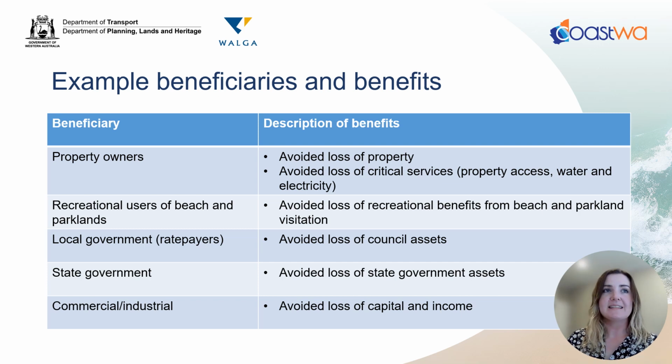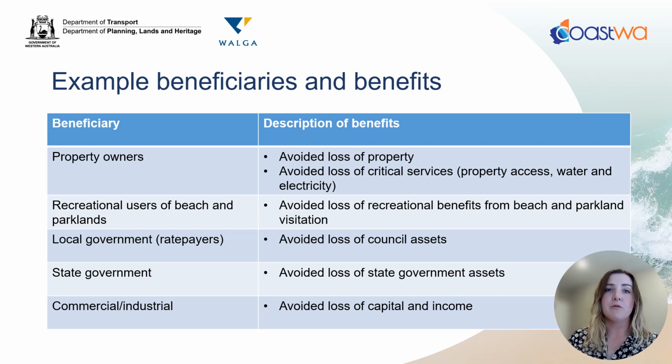This is just an example of some beneficiaries and benefits that we can think about to inform how we understand the results. So as an example, one of your key beneficiaries might be property owners from avoided loss of property due to coastal erosion, but also avoided loss of critical services such as property access, water, electricity. Another key beneficiary is often recreational users of the beach and surrounding parklands or natural areas.